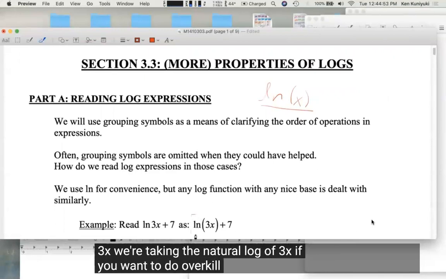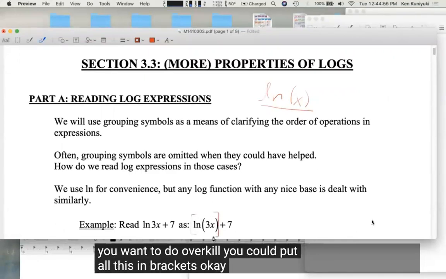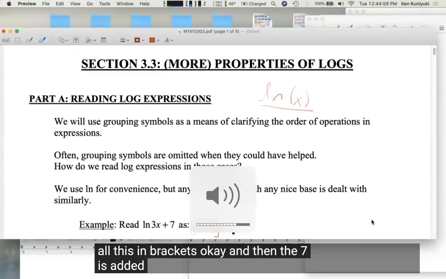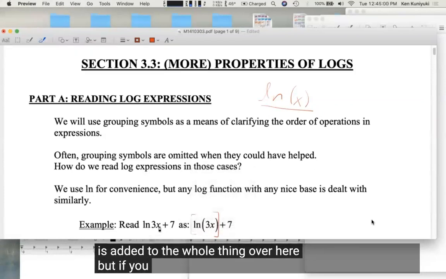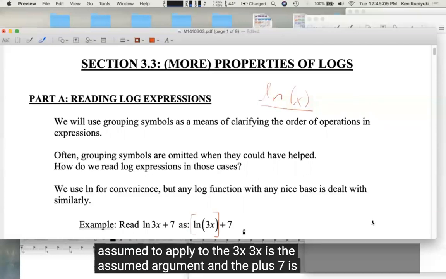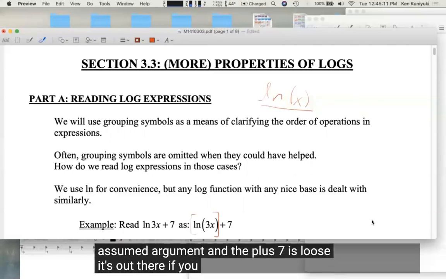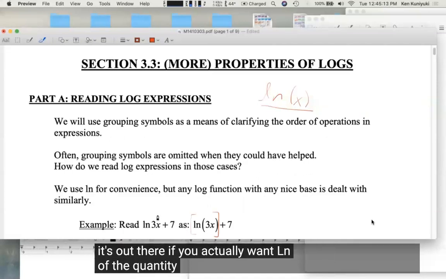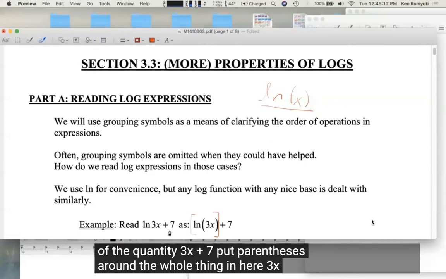If you want to do overkill, you could put all this in brackets, and then the 7 is added to the whole thing. But if you see ln 3x plus 7, the ln is assumed to apply to the 3x. 3x is the assumed argument, and the plus 7 is loose. It's out there. If you actually want ln of the quantity 3x plus 7, put parentheses around the whole thing, 3x plus 7.